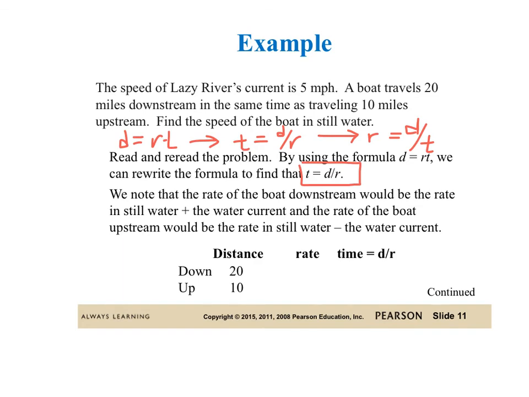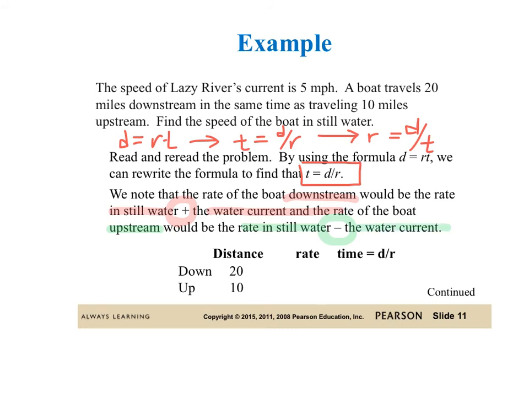So the first thing we look at thinking about this problem, it says that the rate of the boat downstream would be the rate of the boat in still water plus the rate of the water current. And by the same token, the rate of the boat in going upstream would be the rate of the boat in still water minus the water current.